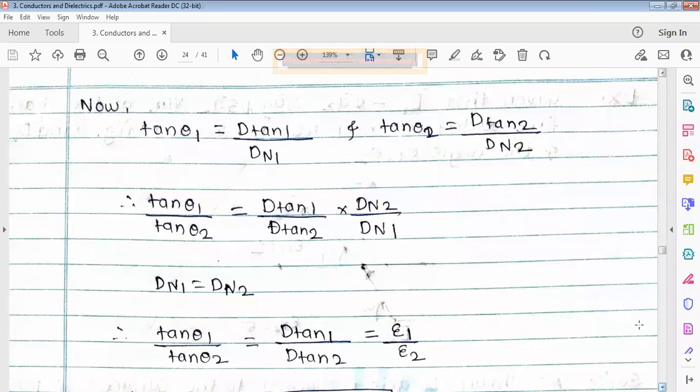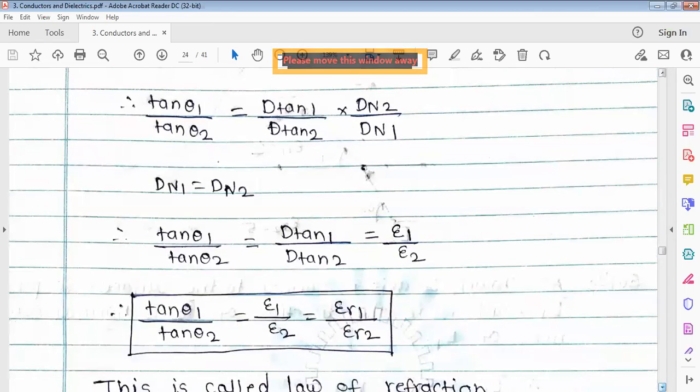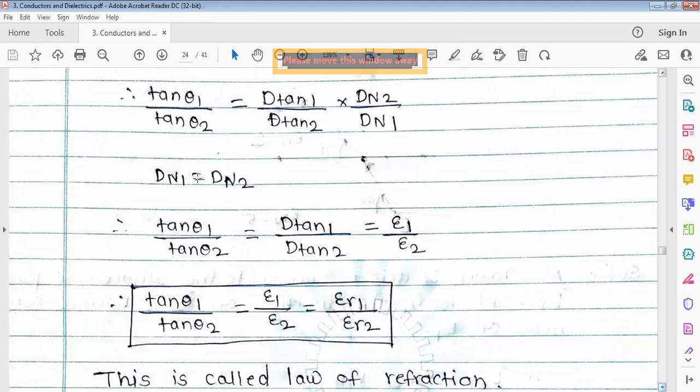Again, if you take the ratio, tan theta 1 divided by tan theta 2 is equal to d tan 1 divided by dn1 over d tan 2 divided by dn2, which becomes d tan 1 into dn2 divided by d tan 2 into dn1. We know that dn1 is equal to dn2, so their ratio becomes 1 and they get cancelled.